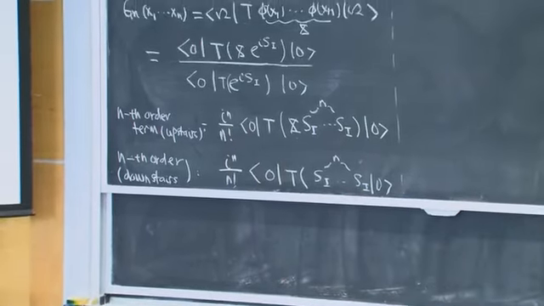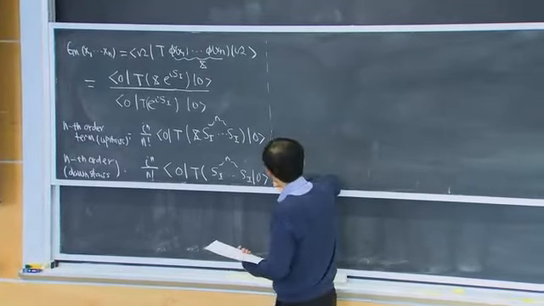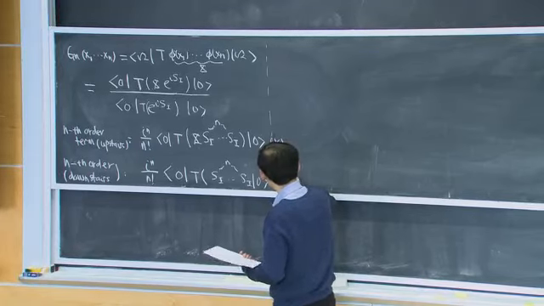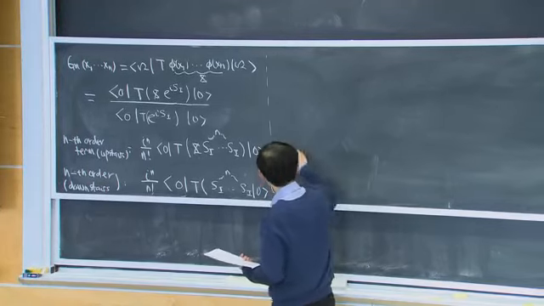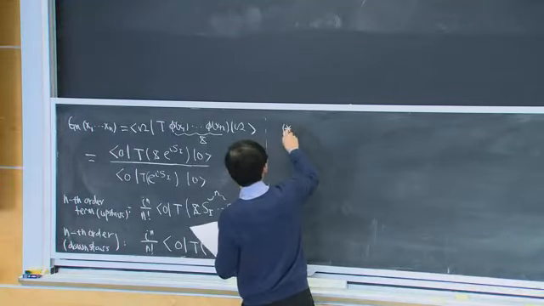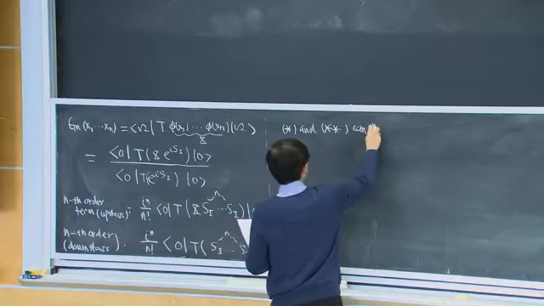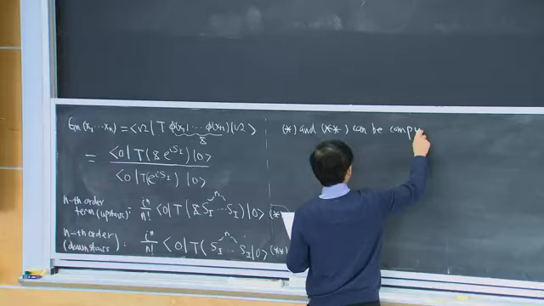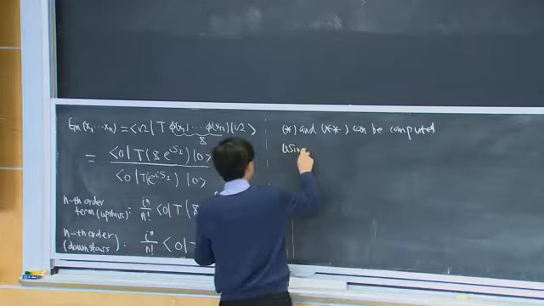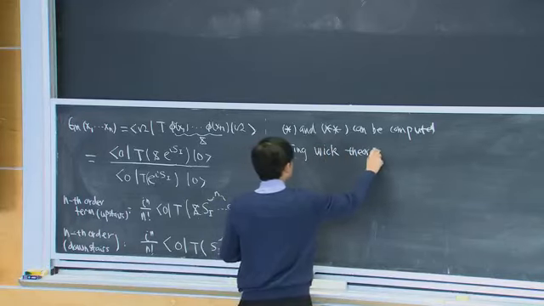And last time we described how to compute a typical term in here. Let me call these equation star and equation star star. So last time we described that star and star star can be computed using Wick's theorem.